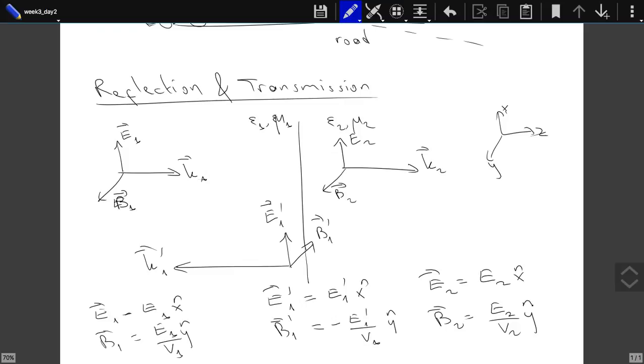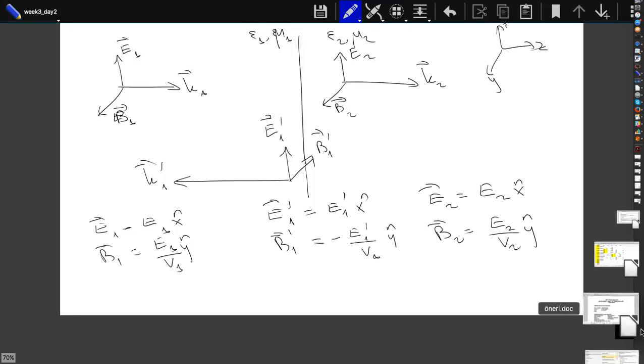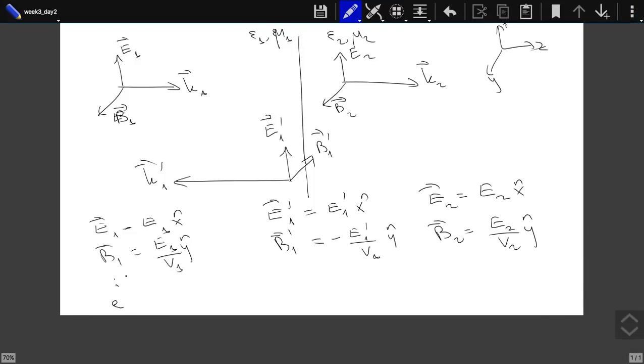Also keep in mind that although I'm not writing them explicitly, all of these waves have the overall factor. On the left-hand side, we have e to the power i(k1 z minus omega t). On the right-hand side, we have e to the power i(k2 z minus omega t).